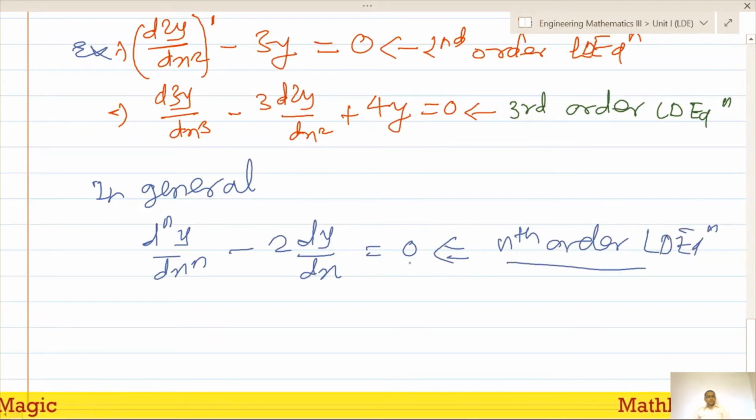Let us see the definition. What is the general form of the nth order linear differential equation with constant coefficients? This is the basic concept, the revision that you have learned in the previous standard. Let us see the general form of the linear differential equation. This is important, because our total unit depends on this general form.